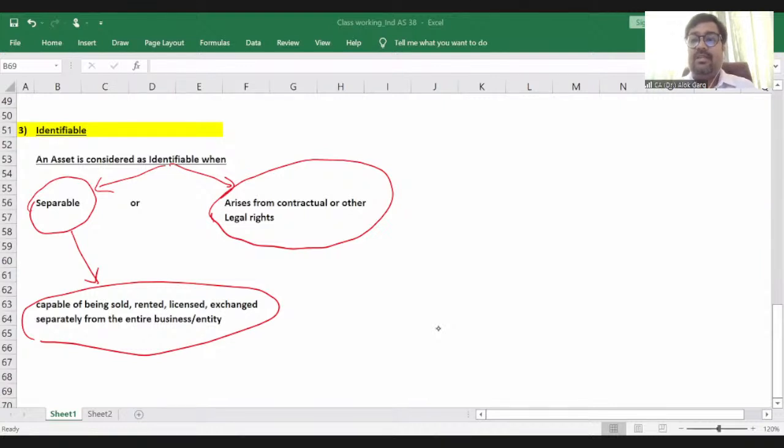I'll say, Jay, please show me the document where you can say that this client is going to receive 50 lakh rupees from this PPE. You cannot say that, and hence it is a non-monetary asset. That is why inventory is a non-monetary asset. But once inventory has been sold, it becomes a monetary asset, because the fixed unit of money which is receivable is determinable. Understood? I hope it is clear.